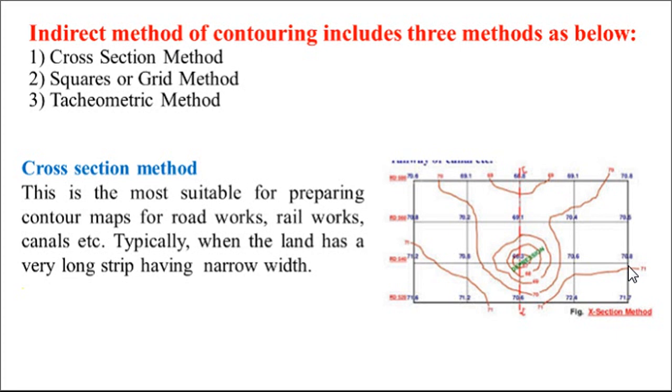As we know, for the roads, the length may be in kilometers. For the canals also same thing, and for railway also the length is in hundreds of kilometers. So in case of the cross section method, when the width is less but length is more, then this cross section method is very suitable.